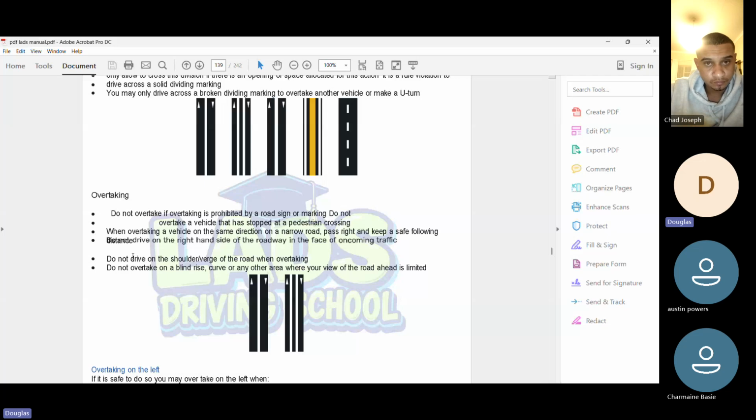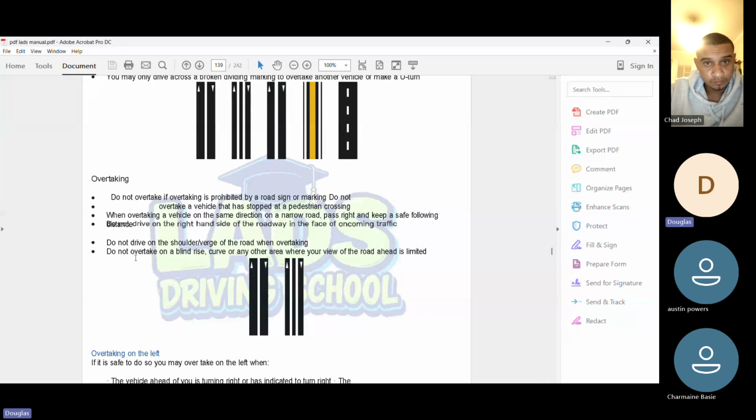Okay? And they are saying do not overtake on a blind rise, a curve, or any other area where view of the road ahead is limited. So as you're driving and you don't see what's in front of you, meaning you're going over an incline, all you see is just the road going up. You don't see what's in front of you. Visibility is limited. You're not allowed to overtake.